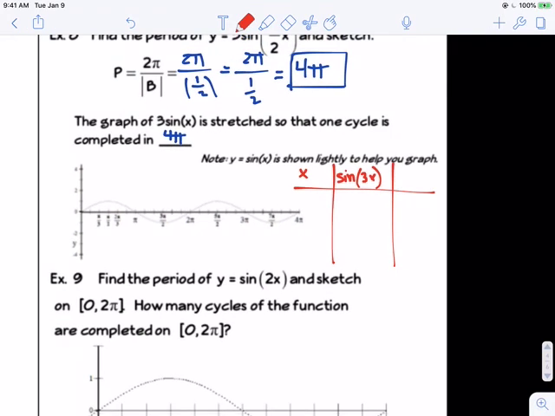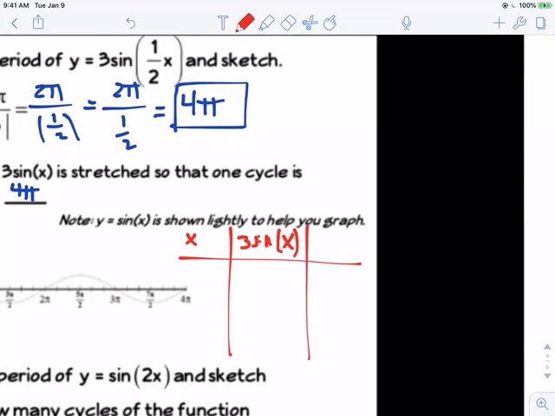And then what do you think, 3 sine of x. And then what do you think I'm going to also do in this next column? 3 sine of 1/2 x. This is the one that I want to graph. Right?